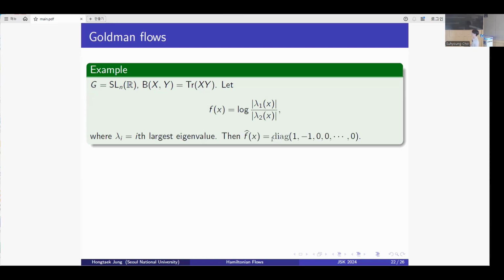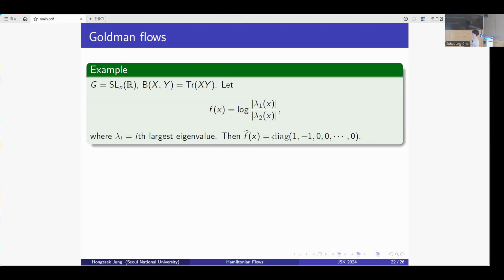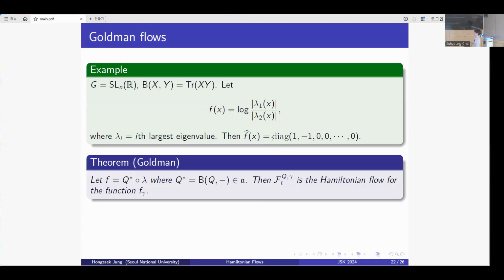If you replace 1 and 2 by i and i+1, we have zeros and 1 in the i-th position and minus 1 in the (i+1)-th position. You can observe that the Cartan subalgebra of PSL(n,R) can be written as elements of forms like 1, minus 1, or 0, 1, minus 1, something like this. So we have the following.